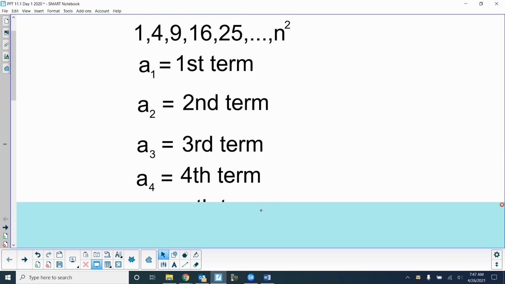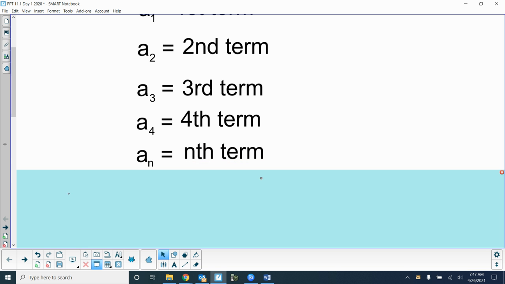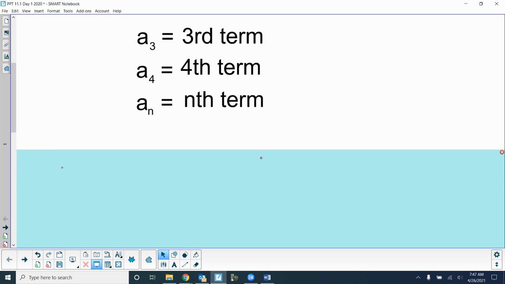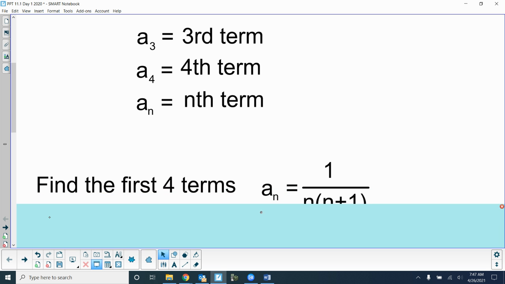A sub 4, fourth term. A sub n, nth term. It could be anything. If it's a sub 11, we're looking for the 11th term. A sub 99, the 99th term. So it's just a list of numbers, but to represent them, a sub 1 means the first term, and so on.